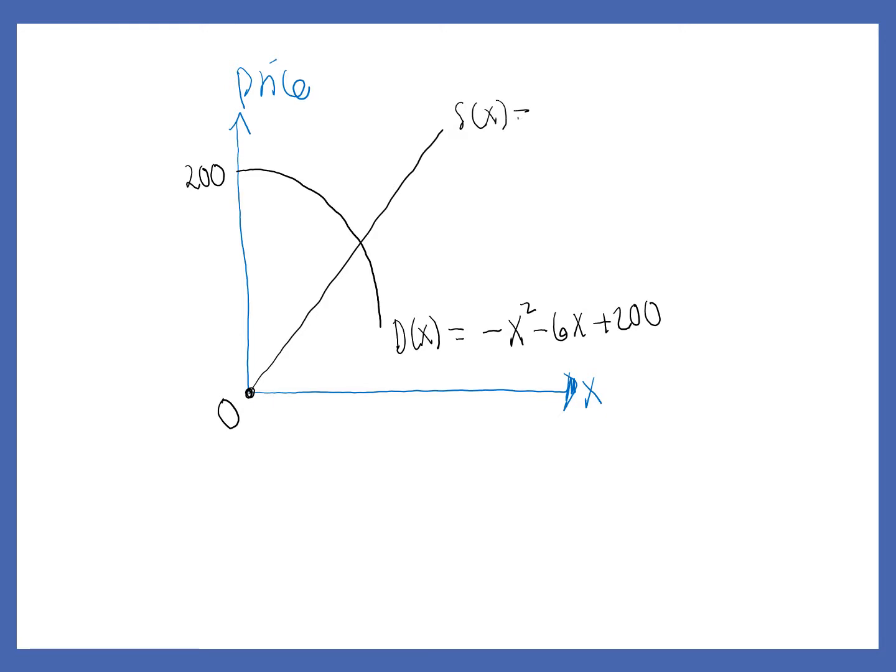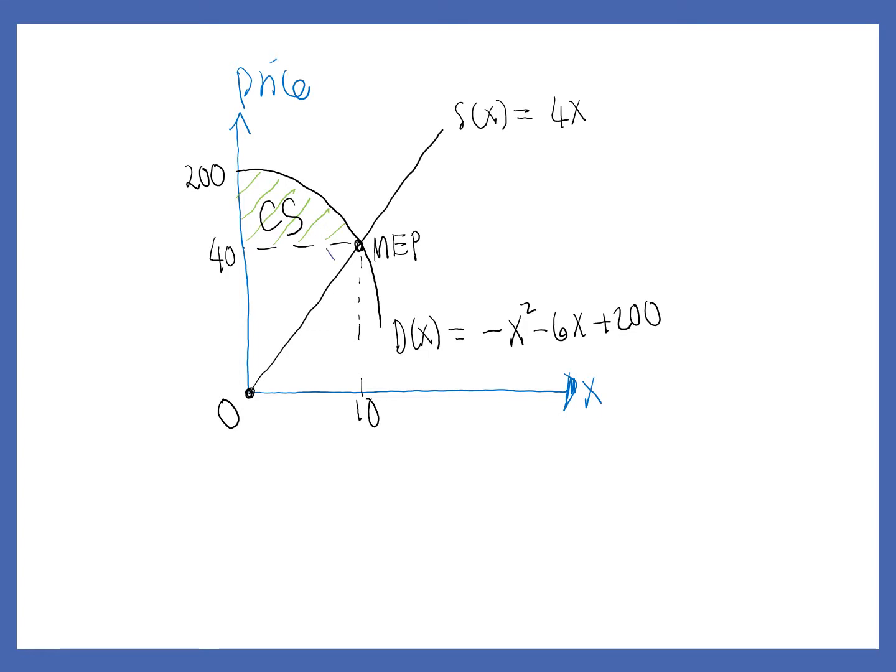The supply function is equal to 4x. Okay, so this is the market equilibrium point, where the quantity is 10 and the price is 40. The first region here, the green color, we shade the region to represent consumer surplus.